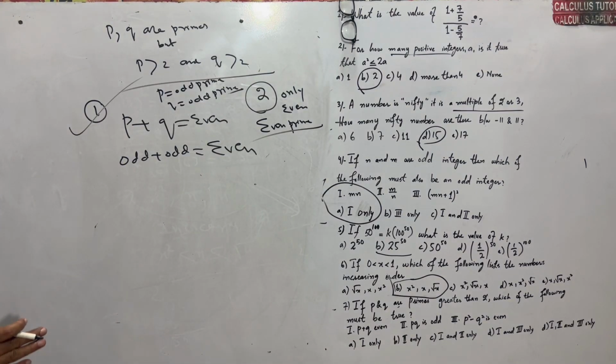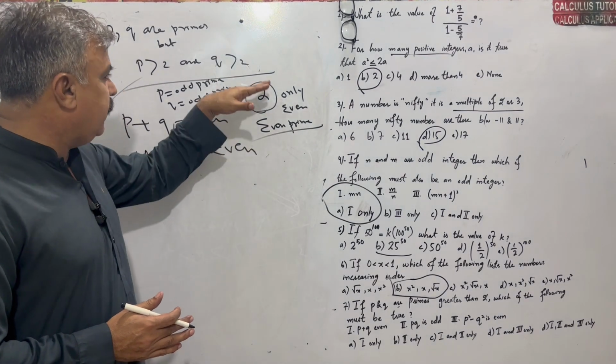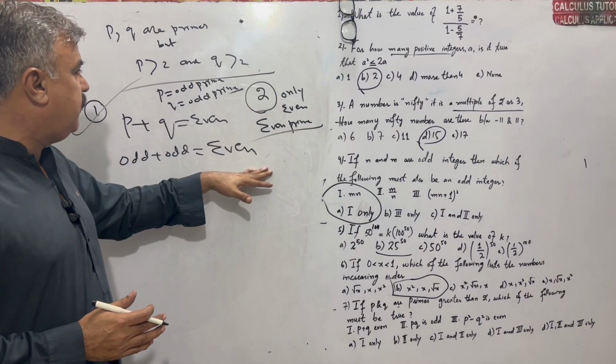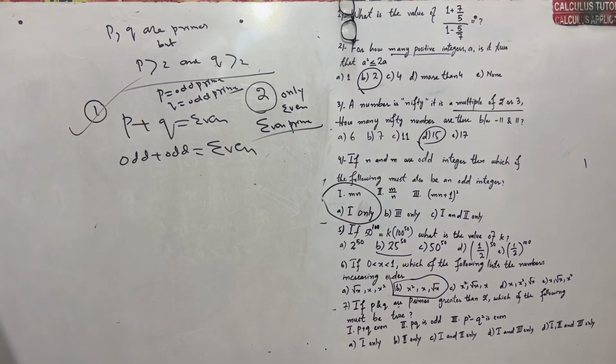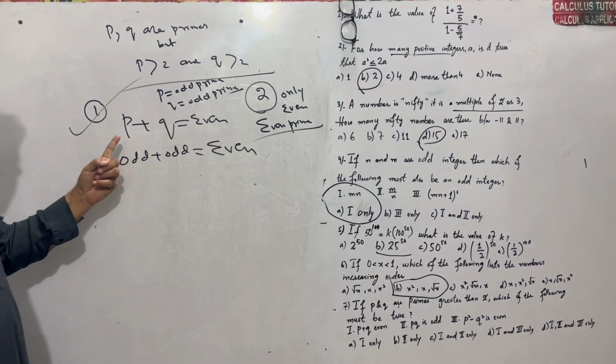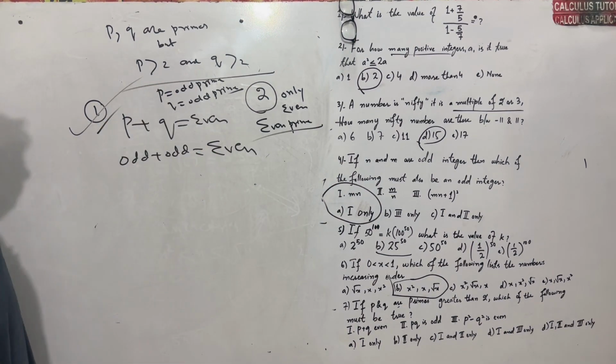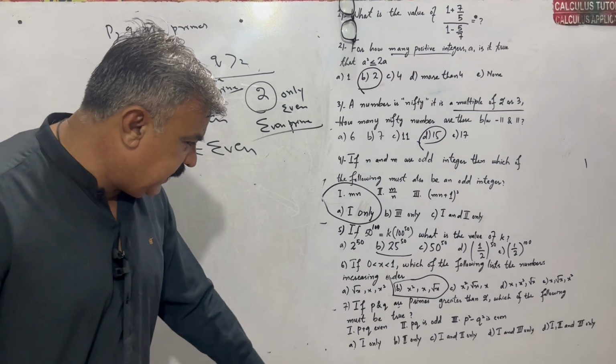P and Q are primes greater than 2. 2 is the only even prime. We have been restricted not to take P and Q as 2, which means they are both odd primes. P is odd. Q is odd. Odd plus odd, result is even. Yes, it's valid. What about the second?